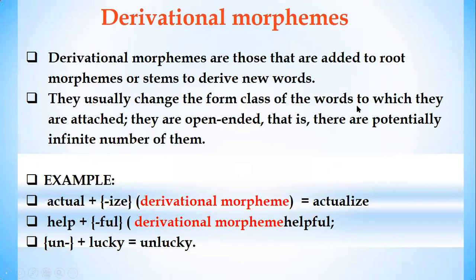For example, actual: we add the derivational morpheme and get actualize. Help: we add the derivational morpheme and get helpful. Lucky becomes unlucky. So the meaning of the word changes, like from noun to adjective. Now let's proceed to the next page.